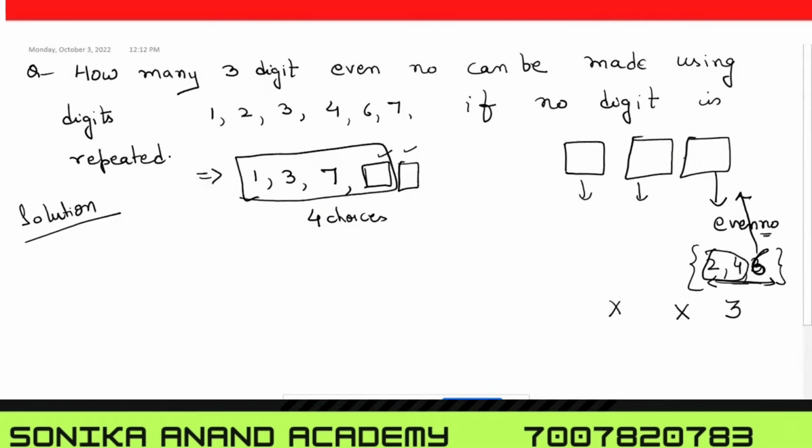If I use 4 over here, I am left with 2 and 6. If 6 is used, then 2 and 4 are left. So how many choices are left? 5. Clear? So solve it and send me.